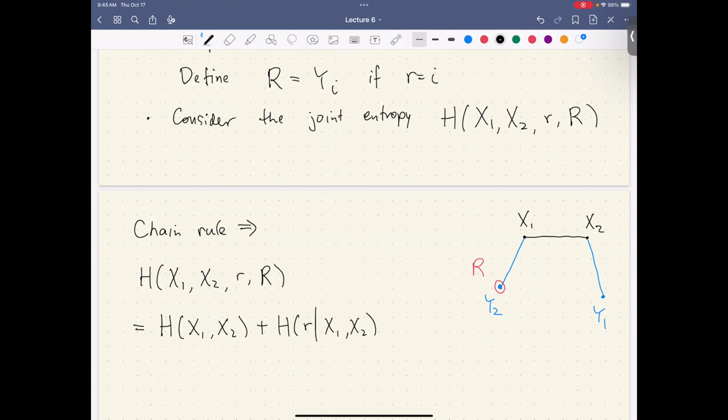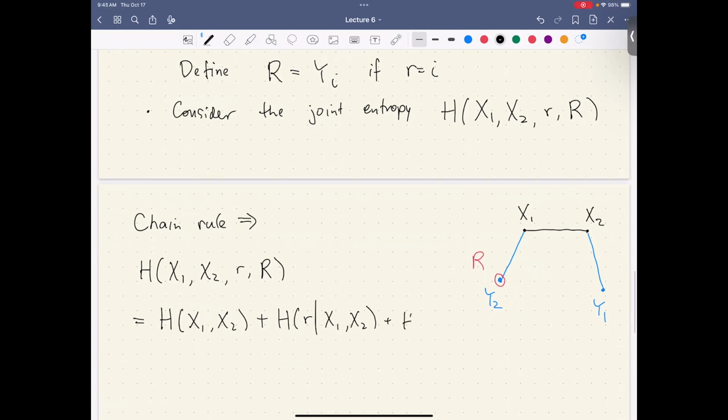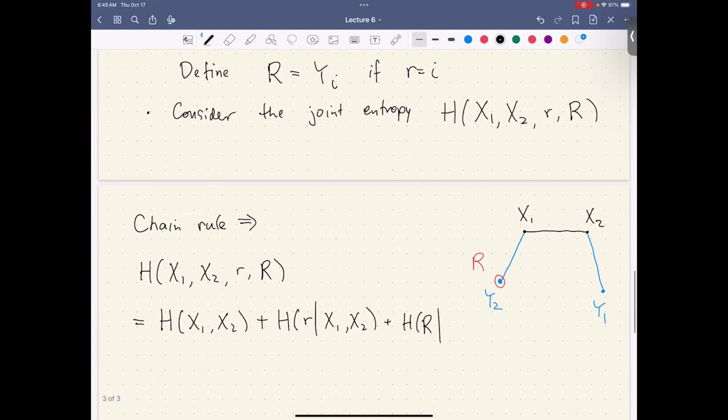And at the end, we look at the last one, which is this random vertex having this weird two layers of randomness, equal to y2 if little r equals 2. So R given x1, x2, and little r.